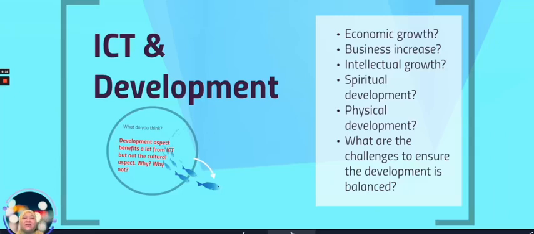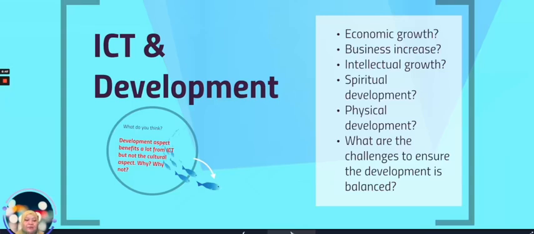So what are the challenges to ensure the development is balanced? Remember, ladies and gentlemen, we are trying to make sure that we have sustainable development, and sustainable development is all about balanced development.